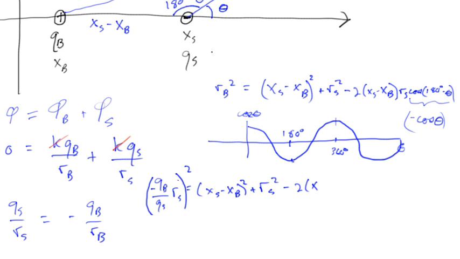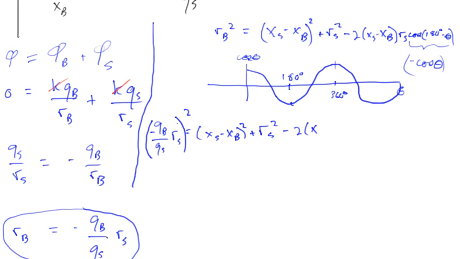I'm going to draw a little separation line there. So I substituted for RB from this expression that I had on the left. And in fact, I think we can arrange it so you can see that too from right there. And I'm also substituting this minus cosine for the cosine there.